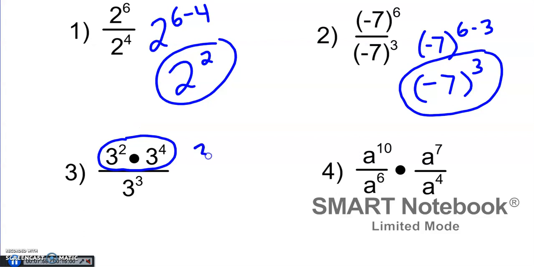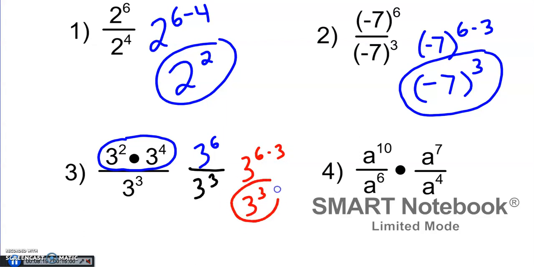So it's going to be 3 to the 6th over 3 squared. And now we have the quotient property to apply. So our answer is going to be 3 to the 6 minus 3, which is simply 3 to the 3rd power.